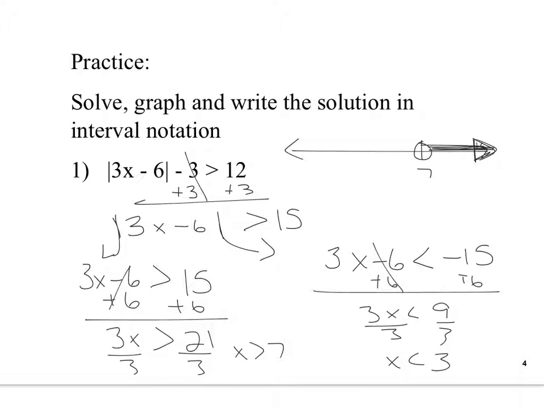If we put any numbers in this range, it's going to make this absolute value inequality true. And less than 3 goes the other way. There we go. So the interval notation is negative infinity to 3, combined with 7 to infinity.